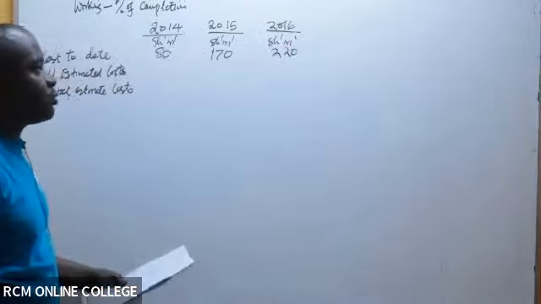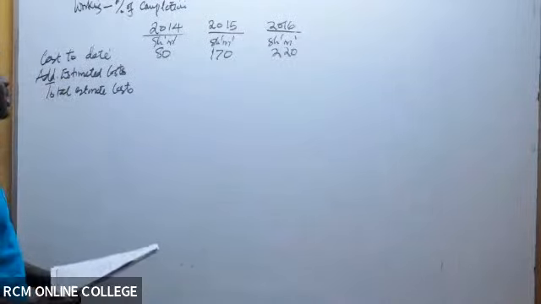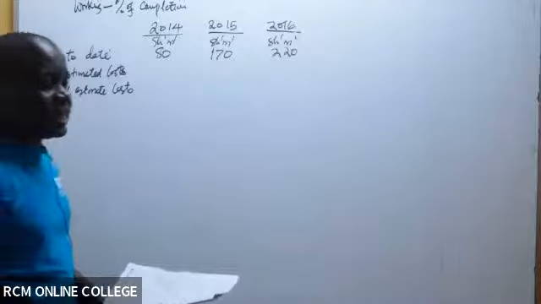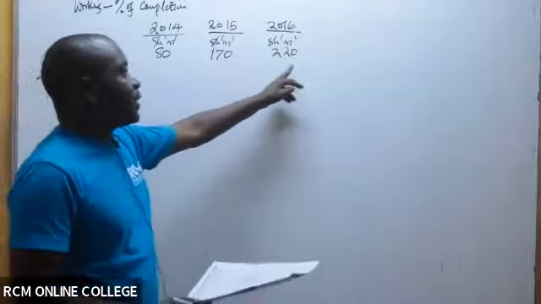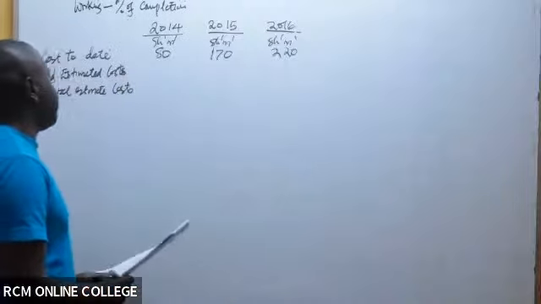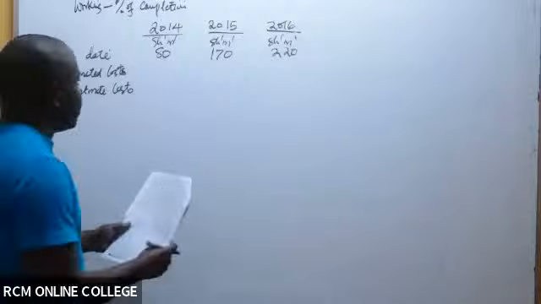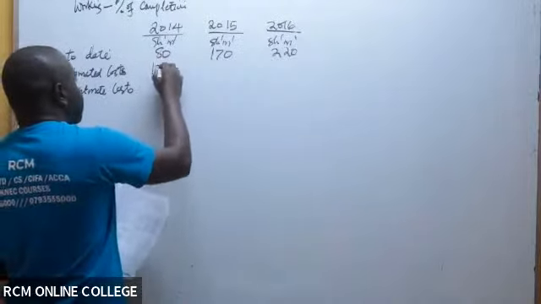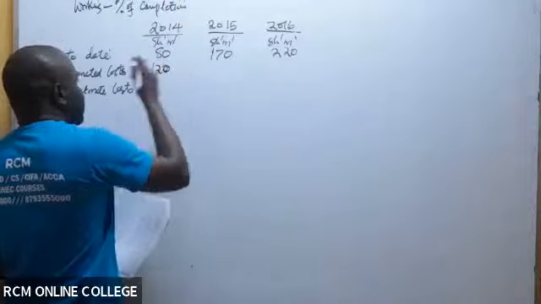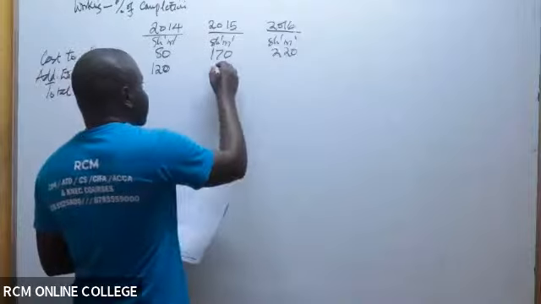Remember, in the previous question we were not given the costs to date. We were just given the cost incurred in the year, so we had to sum up to get the second year and the third year. But here, it has already been given. Also the additional estimated cost to completion has been given. For the year 2014, it is 120 million, and for the year 2015, it is 90.